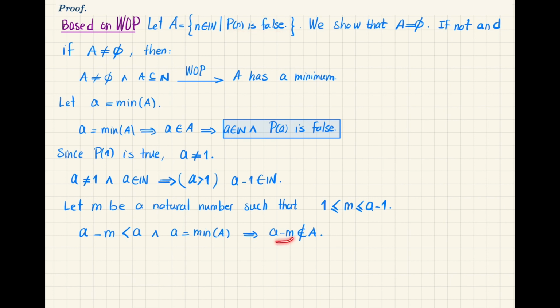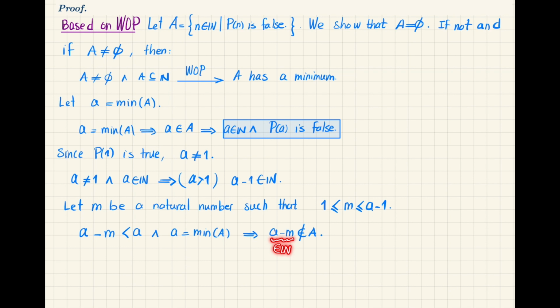But a minus M is a natural number. Why? Because I assume that M is a natural number. I assume that M is between 1 and a minus 1. And we know that a itself is a natural number greater than 1. So definitely the difference between these two numbers is a natural number.